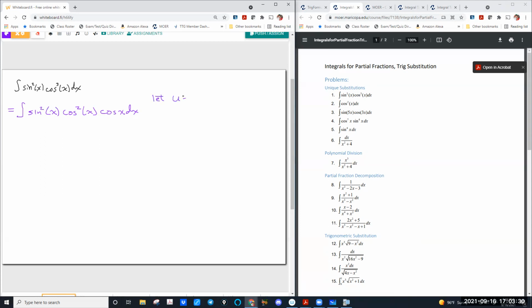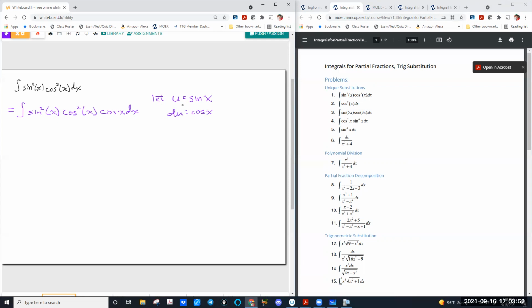I'm going to let u equal just sine x, not sine squared. It's going to be tempting to let u be sine squared, but that's going to require the chain rule to get your du, and you're going to run into issues trying to sub that in. Then our du is just cosine x dx.